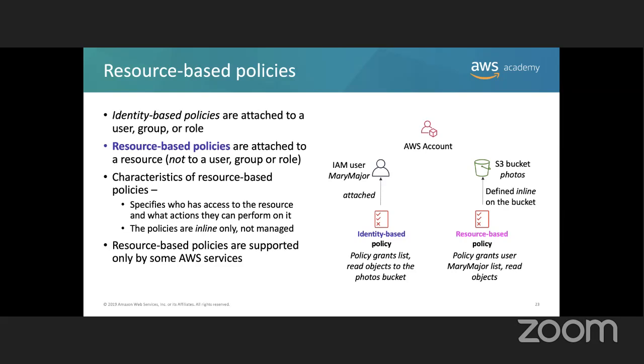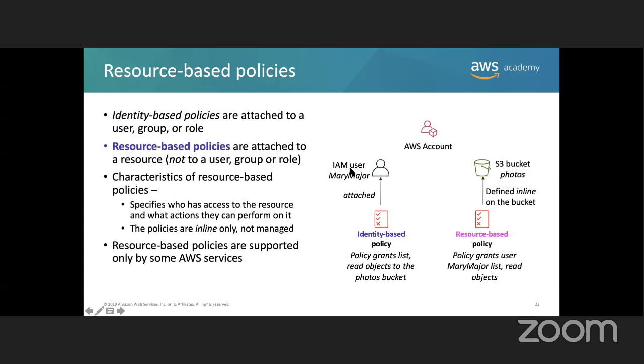Resource-based policies are supported only by some AWS services, okay. Only some of them. So you have the AWS account here, with IAM user Mary Major attached. She has identity-based policies because Mary is an IAM user, an identity. And then we have an S3 bucket here that has some photos inside. You define an inline policy on the bucket, and that's a resource-based policy because it's on a resource.